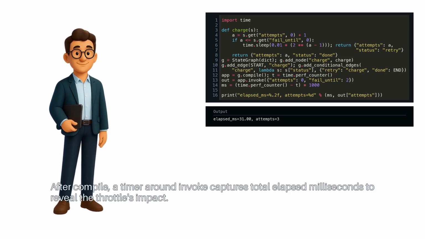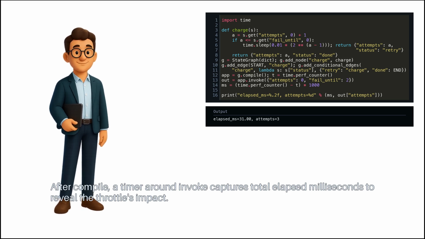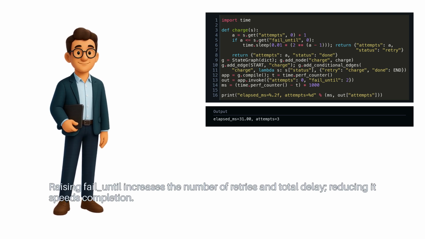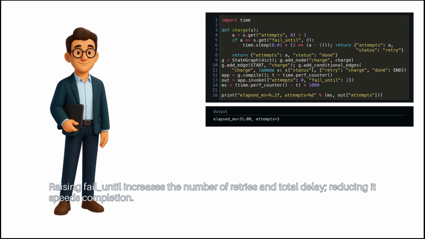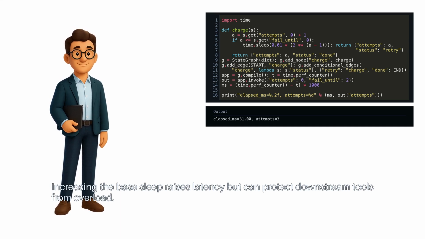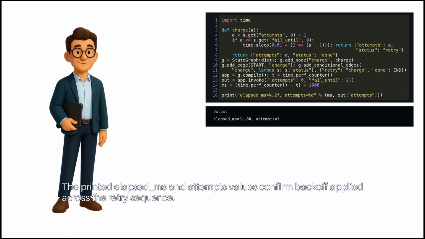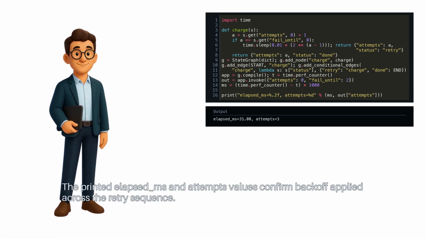After compile, a timer around invoke captures total elapsed milliseconds to reveal the throttle's impact. Raising fail_until increases the number of retries and total delay. Reducing it speeds completion. Increasing the base sleep raises latency but can protect downstream tools from overload. The printed elapsed ms and attempts values confirm backoff applied across the retry sequence.